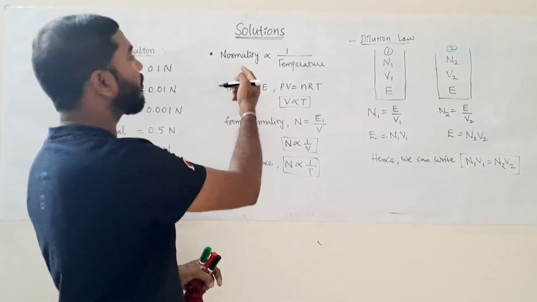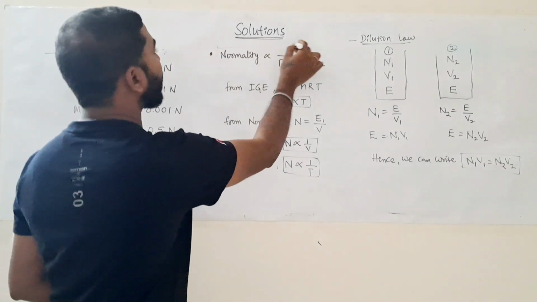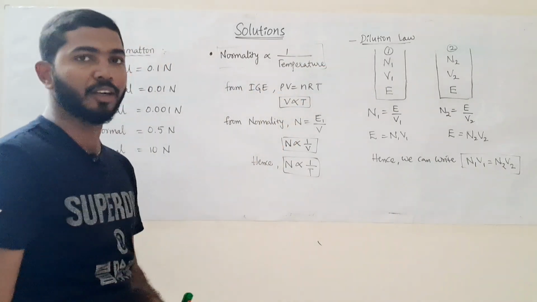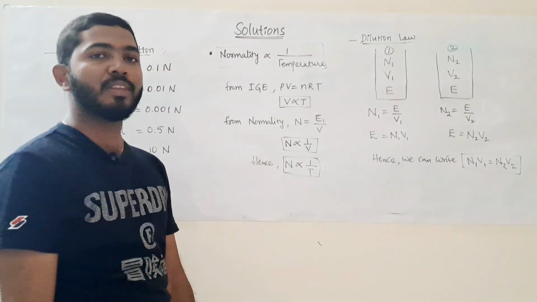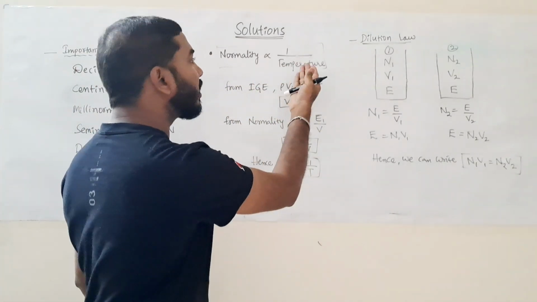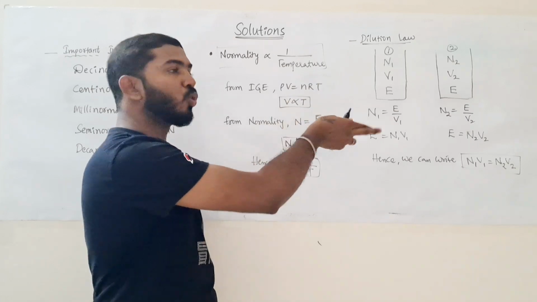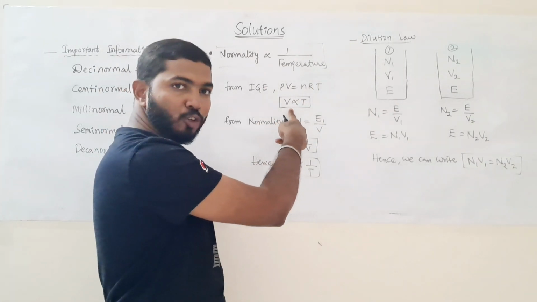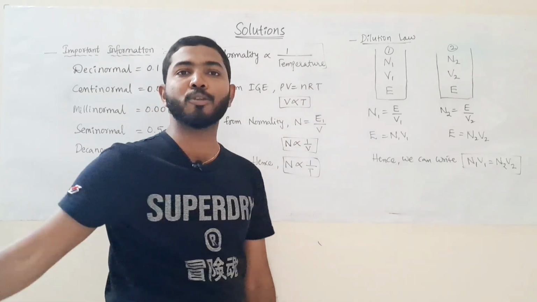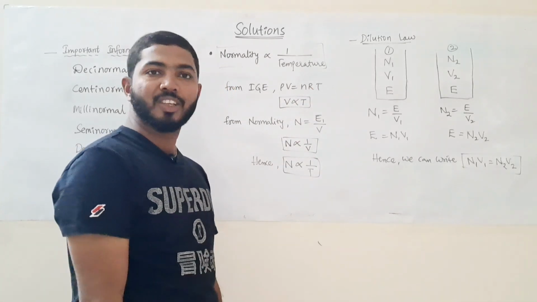Okay, and next we move to the relation between normality and temperature, very important here. Actually normality is inversely proportional to temperature. Why is that, sir? Actually here temperature is related to volume through the ideal gas equation. They both are directly proportional. So volume is directly proportional to temperature, that is called Charles law.